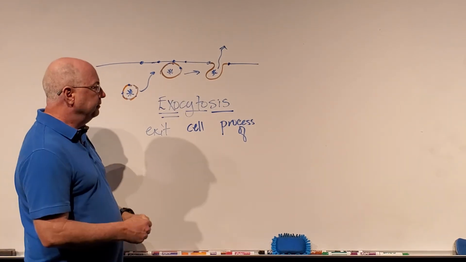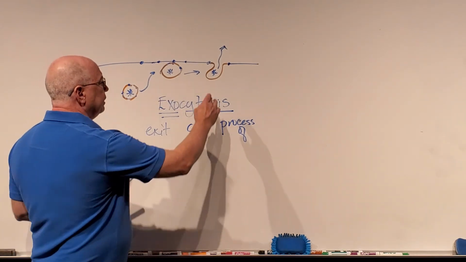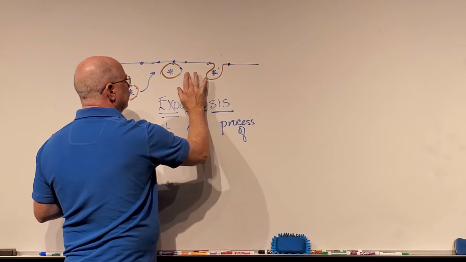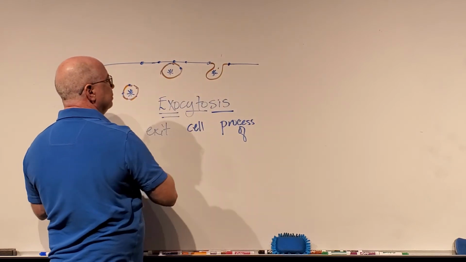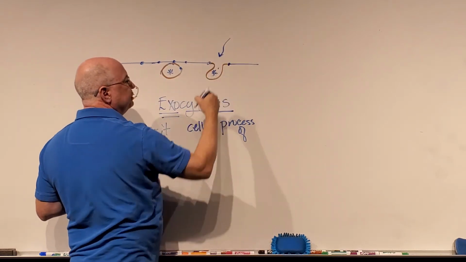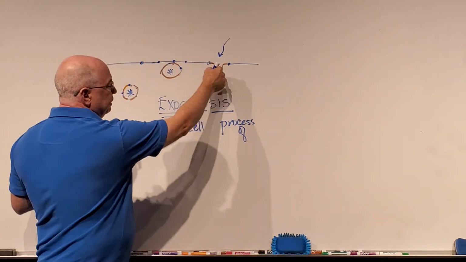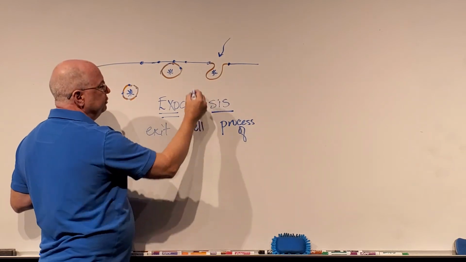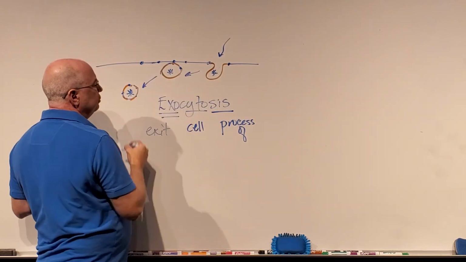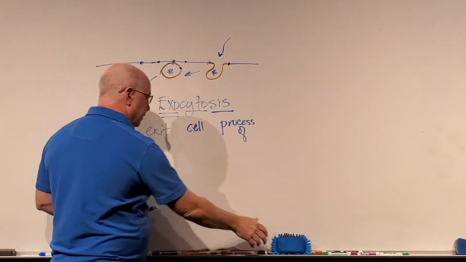Okay? Now, I can actually do the reverse. I can simply reverse the arrows. When something bumps into the cell, the membrane can invaginate and pull these pieces together. Again, this is all protein driven. It will pinch off a vesicle and pull it into the cell.